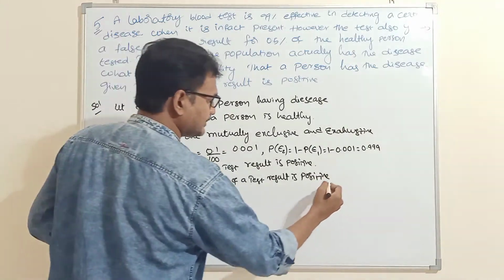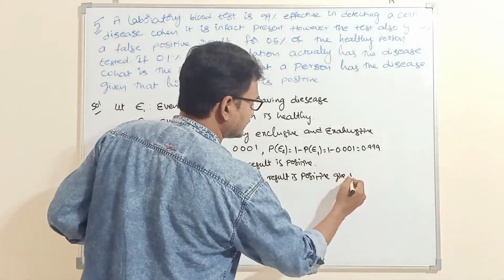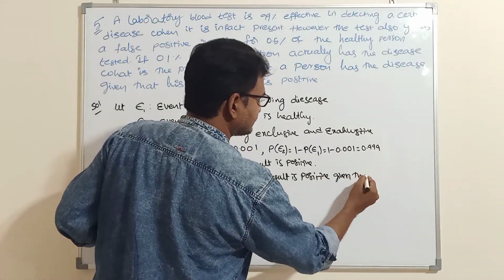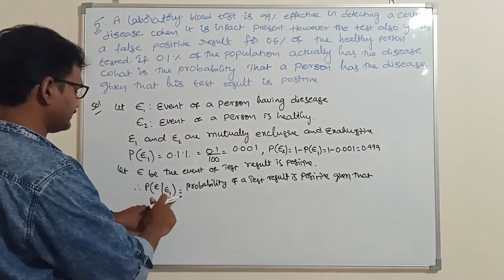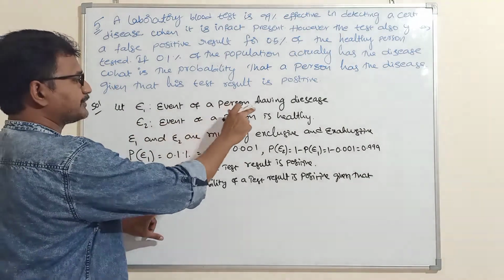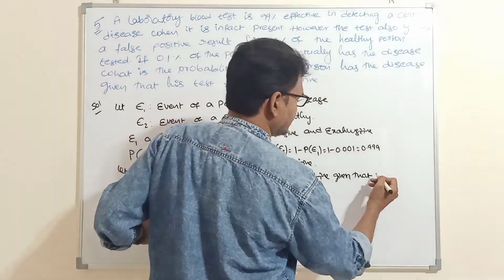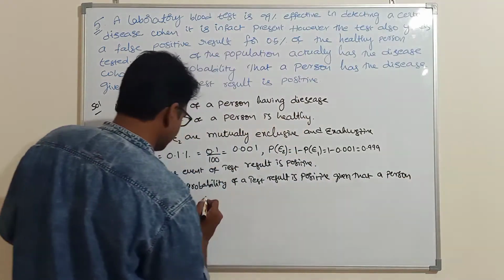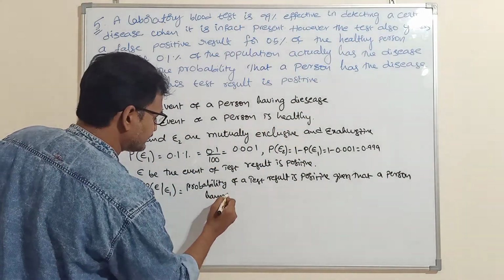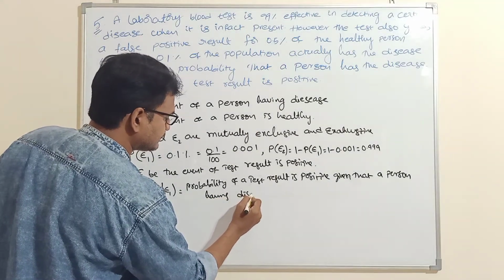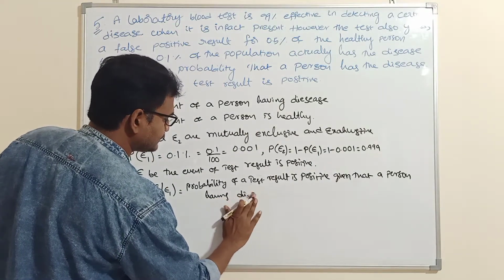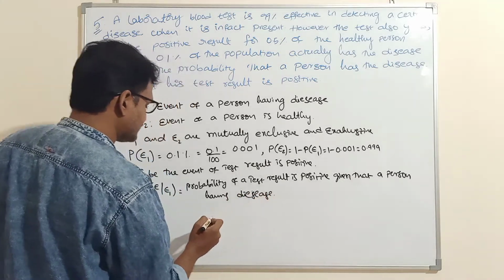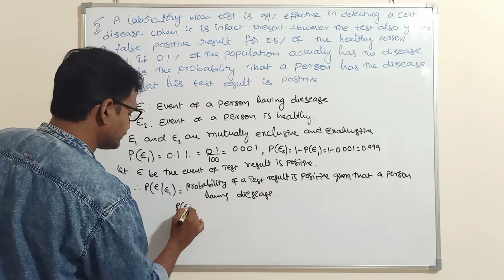This is the given symbol: given that E1. What is E1? Event of a person having disease. Given that a person is having disease.